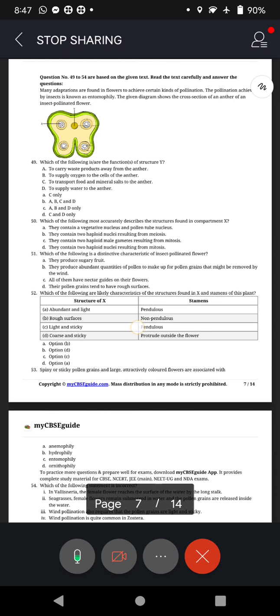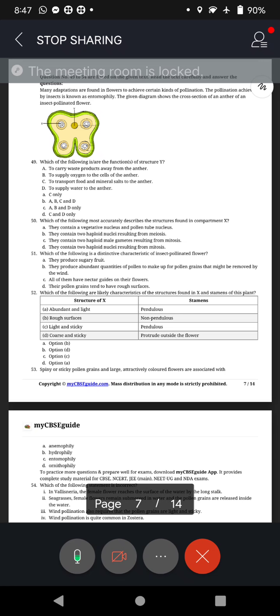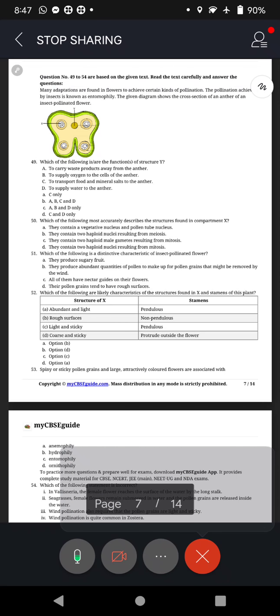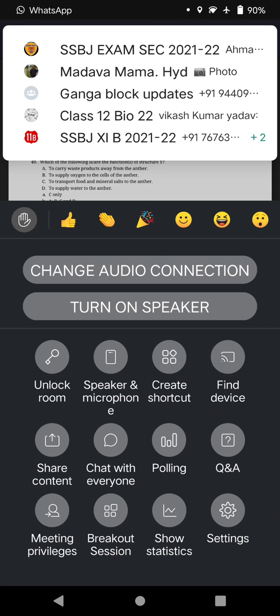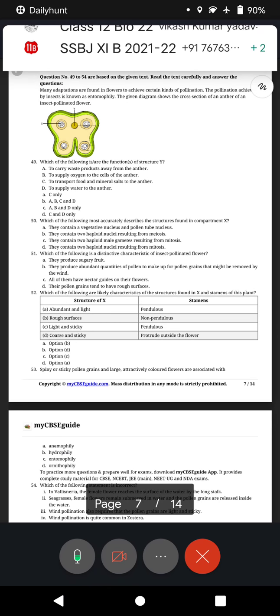Now 52. Which of the following are likely characteristics of structures found in X and stamens of this plant? Again, look at the diagram, identify X. Now structure X and stamens. Okay, done that, right.